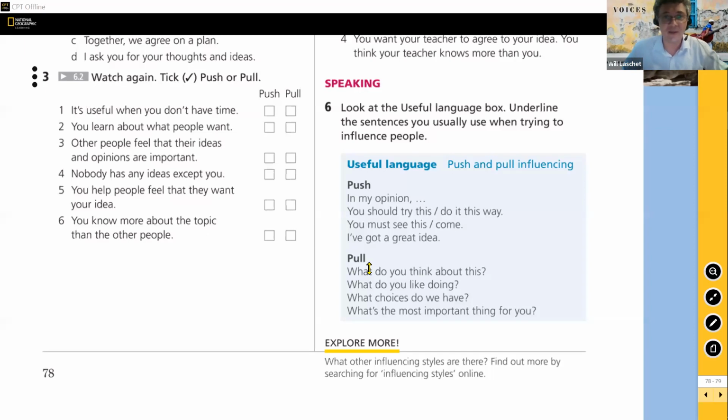From what you're saying, I can see that you've really got a good understanding of the differences between push and pull influencing. Kamal says it depends on the situation, right? But usually good leaders use the pull method most of the time because he believes in teamwork. Exactly. Okay, great.